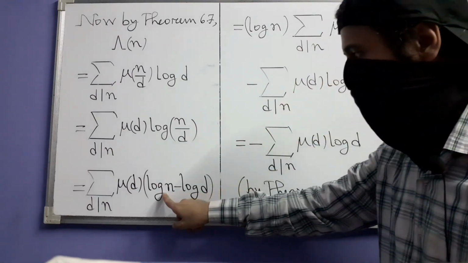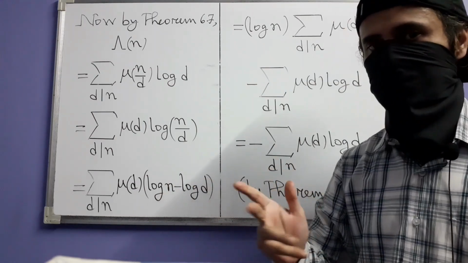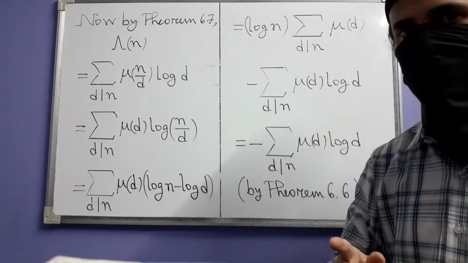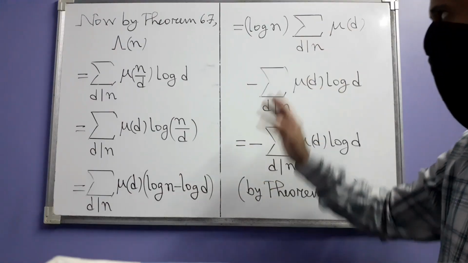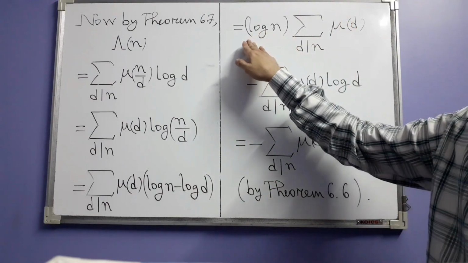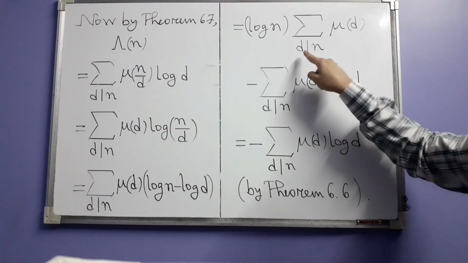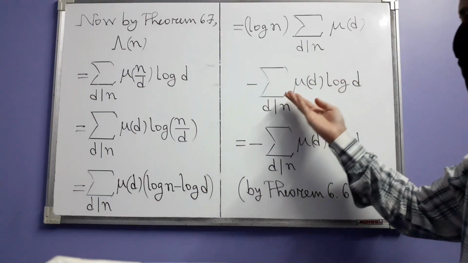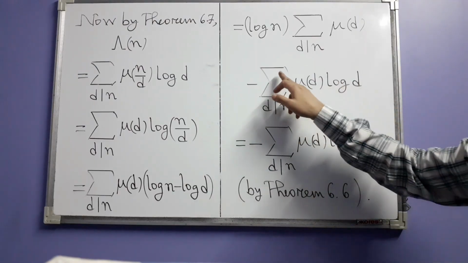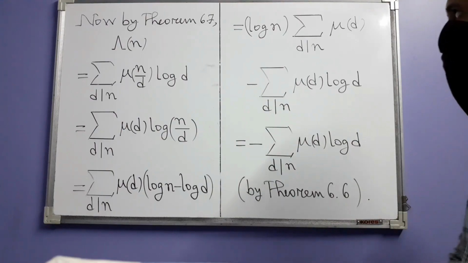And in the first sum, log n goes outside of the summation because it is not changing as d is changing. With respect to d, log n is constant. So it is present in every term, so you take it outside as a common term. And you are left with summation mu of d as d varies over all the positive divisors of n minus, this one just stays like that, summation mu of d times log d as d divides n.